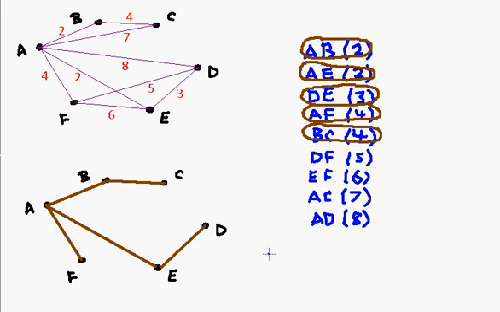Okay, so we have 2 plus 2 plus 3 plus 4 plus 4. Okay, so that's 2, 4, 5, 6, 7, 11, 15. So the minimum spanning tree has a value of 15.